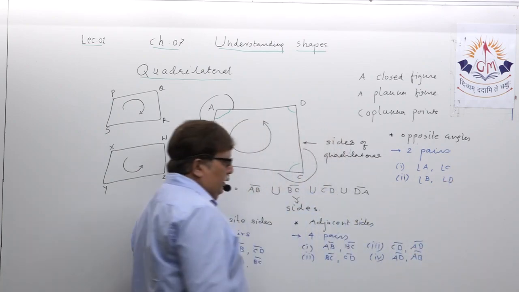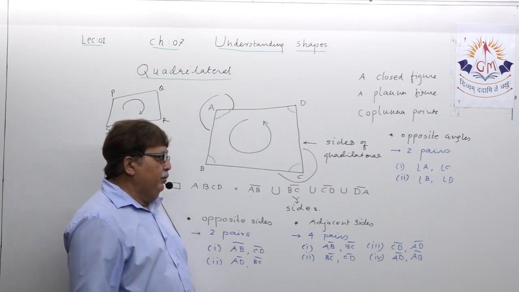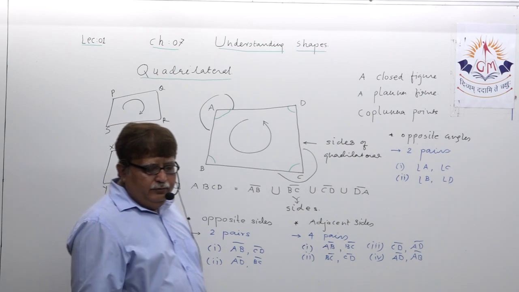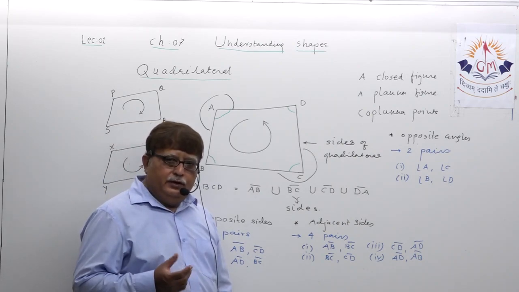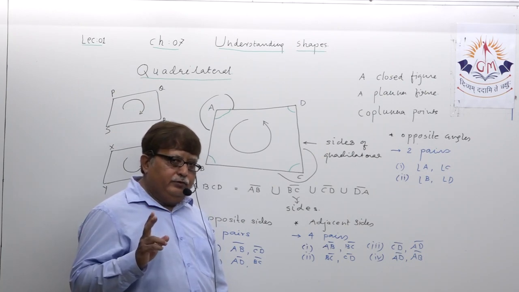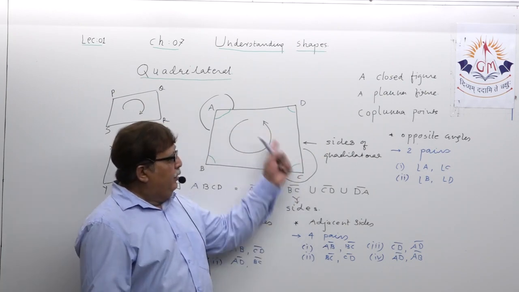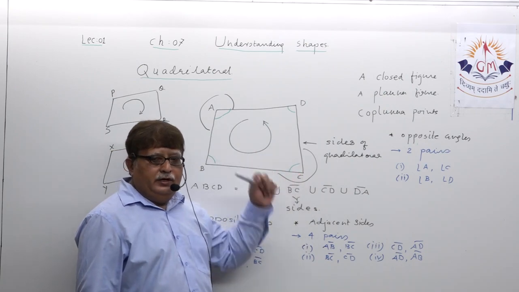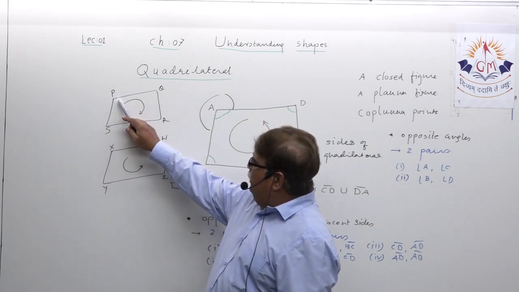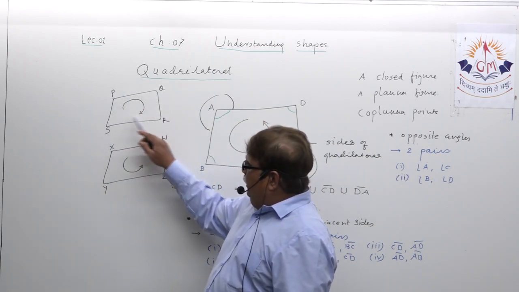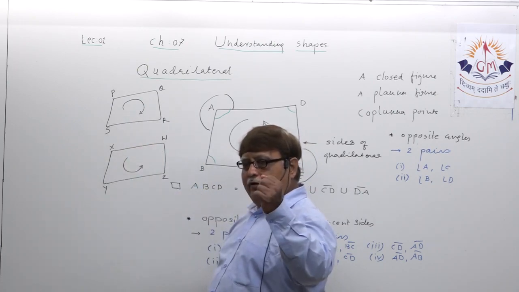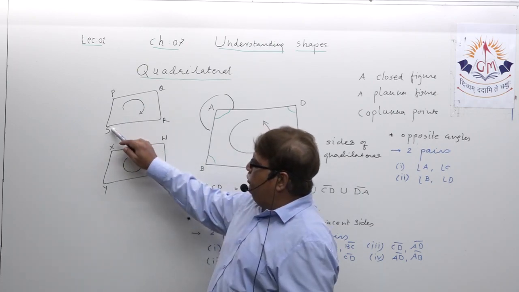How many pairs of opposite angles does a quadrilateral have? As you know, two pairs: angle A, angle C, angle B, angle D. Suppose in this quadrilateral PQRS, I can also speak, dear student, any quadrilateral, you start from any vertex.